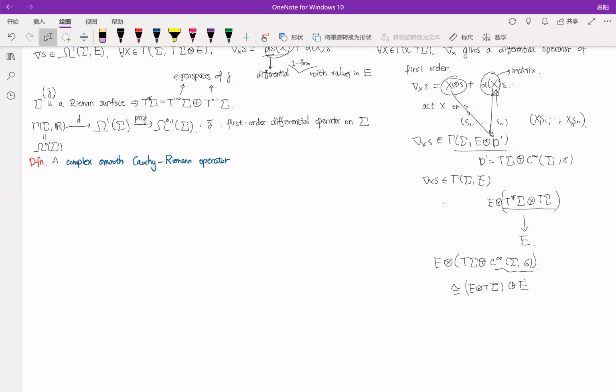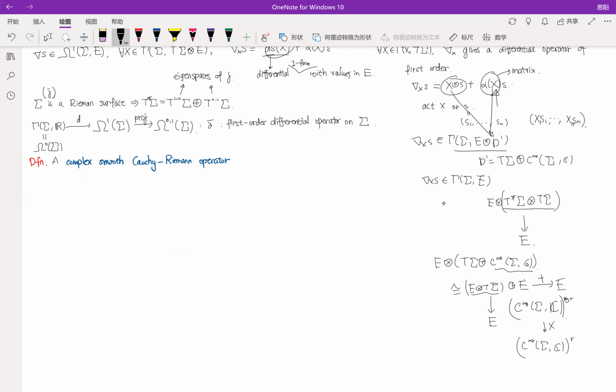So there is also a natural way from E tensor sigma to E given by, for example, S tensor with S. Then we can write it as X directly on S, because we know that S locally is a direct sum with R. So we then act X on S to become another, and then we add them together to obtain the result.